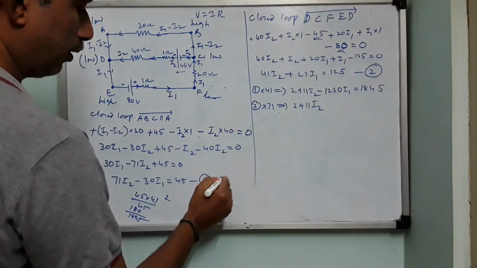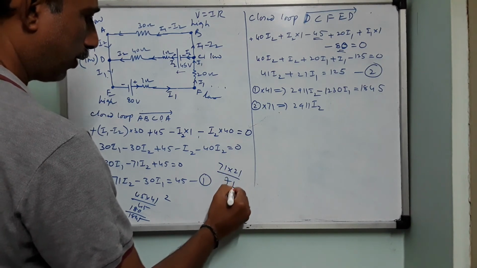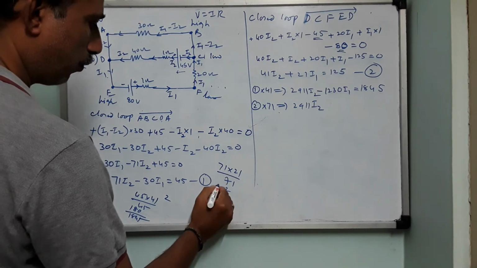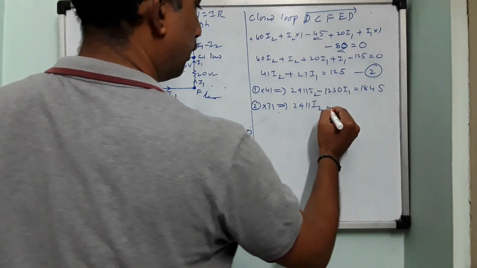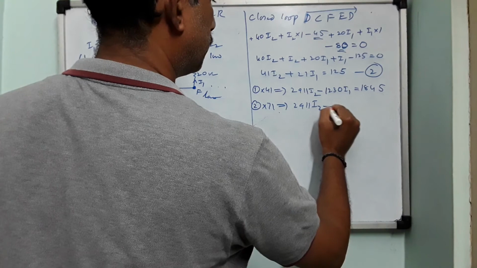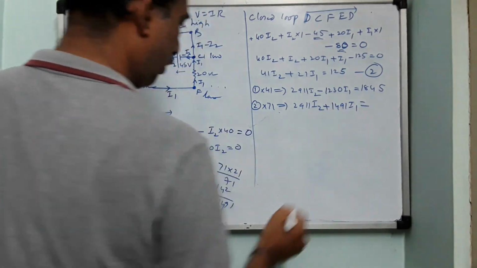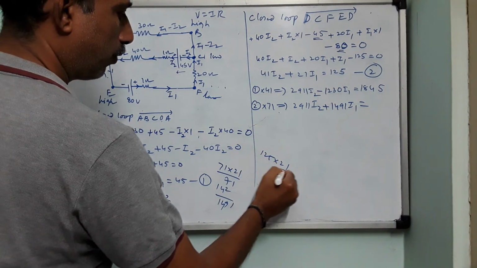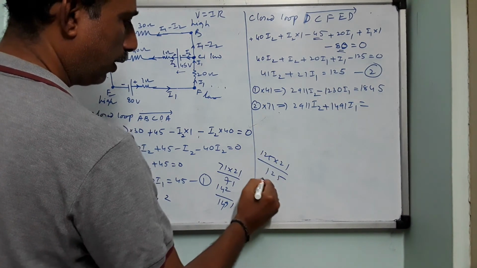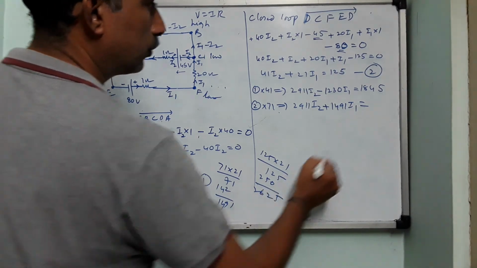So 71 multiplied by 21 is 1491. So what is this, plus or minus? Plus. 1491 I1 equals to 125 into 21, which is 2625.